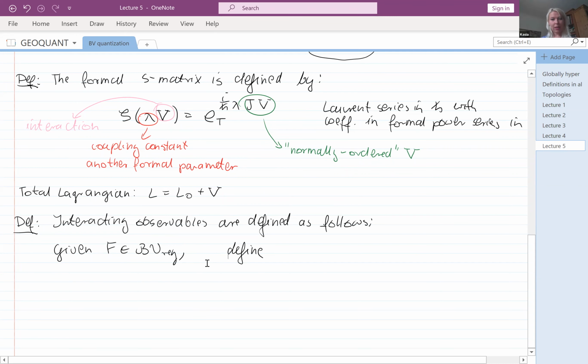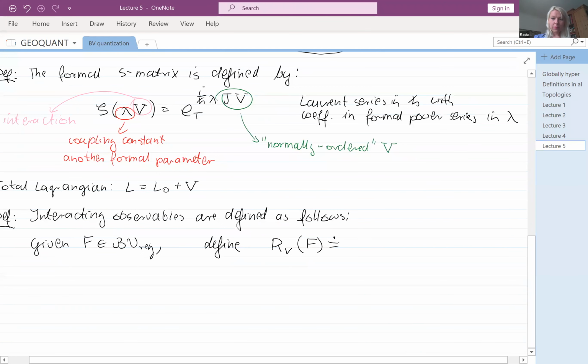So let's just take F in BV regular and define the interacting observable corresponding to that. So this is denoted by R_V. R_V of F is given as the inverse of this S matrix star with the S matrix times time ordered F. So that's the definition.